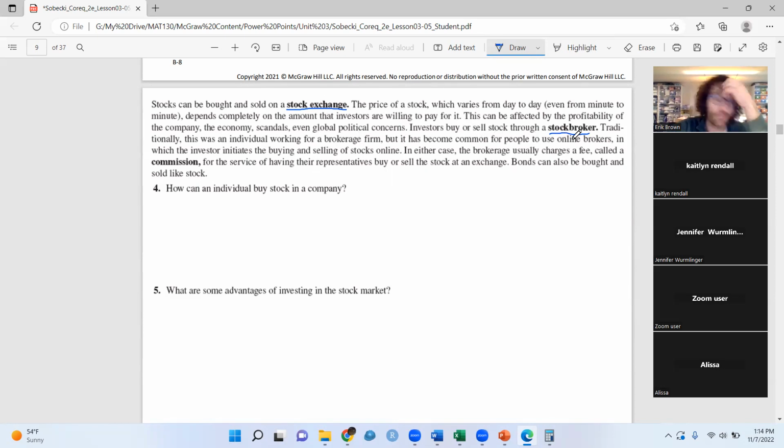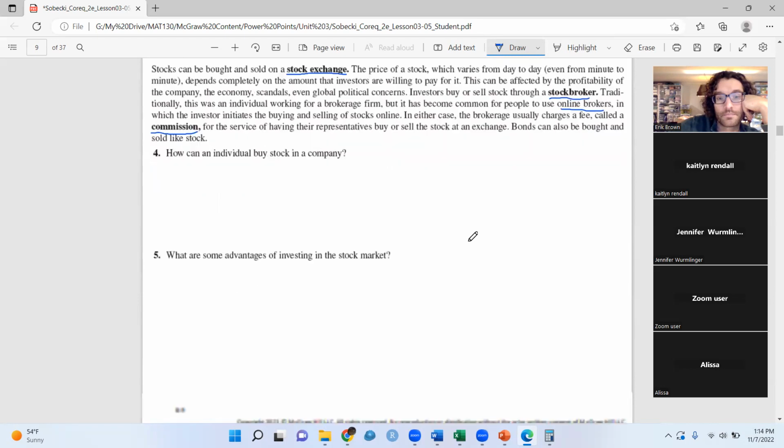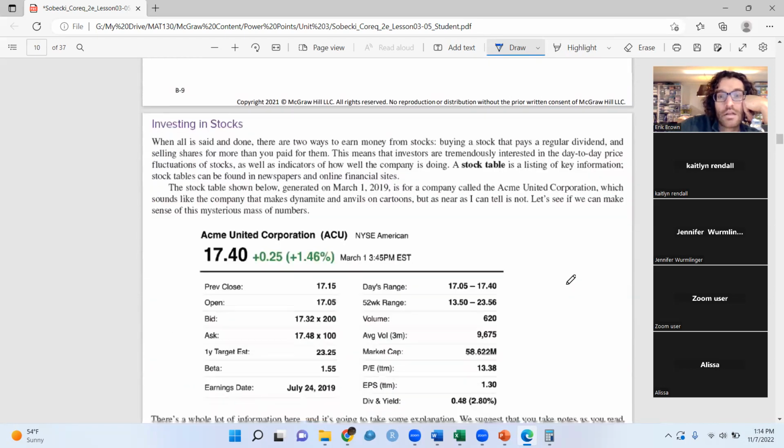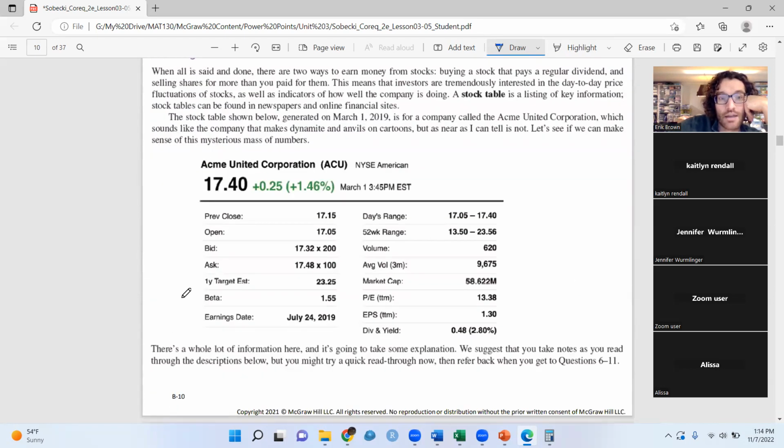That was called the stockbroker. Nowadays, there's what's called online brokers, which is just an app. And a lot of times there's a commission. You're charged an amount of money to buy and sell stock by the broker. There are certain companies that don't charge commissions, but there are still ways they make money, like Robinhood is an example of one.